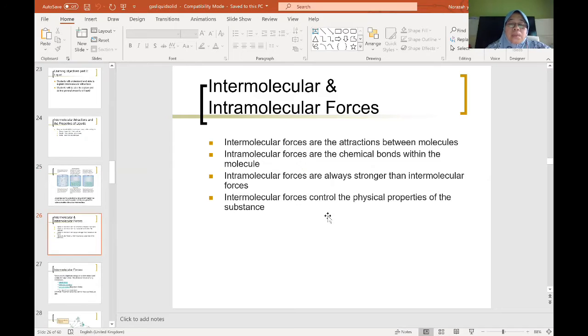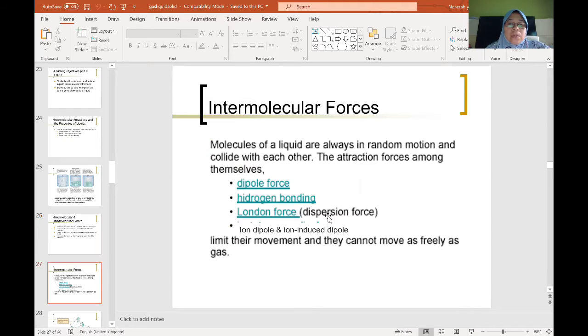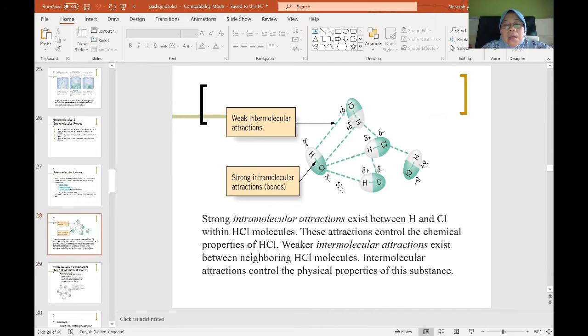So let's jump next to intermolecular and intramolecular forces. To understand the difference between intermolecular forces and intramolecular forces, it's easier if we look at an example based on a diagram. What we have here is hydrogen chloride.